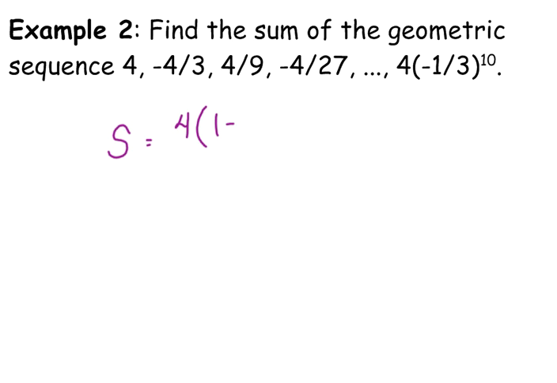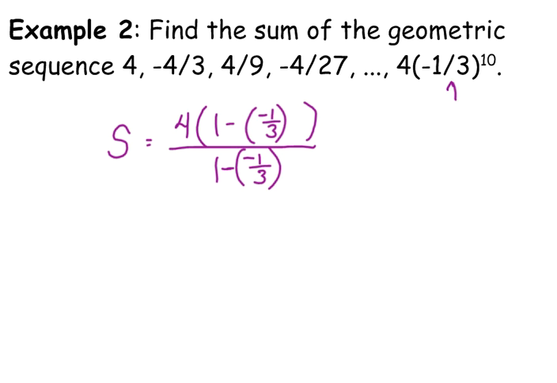What are we multiplying by every time? Negative 1/3. We raise that to the nth. I don't know how many terms there are yet, so I'm just going to leave that blank for a second. Over 1 minus the common ratio. I highly suggest putting those parentheses in there. Okay, so we've got to figure out how many terms we have.